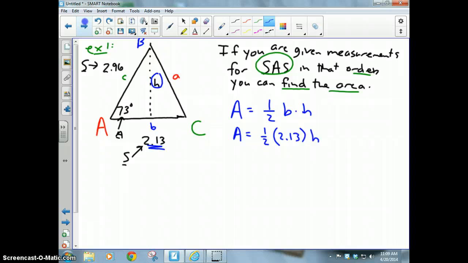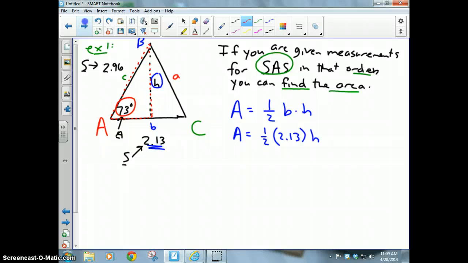So what I want you to consider is this dotted line, which I'm going to redraw in red, is part of this triangle right here that I'm outlining in red. And we all know 73 degrees is the angle measure that's given.